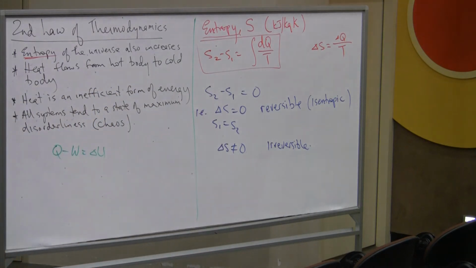You follow now? So that is the important point out of this discussion: reversibility and irreversibility based on your entropy. So a reversible process is isentropic, no change in entropy, delta S is 0.